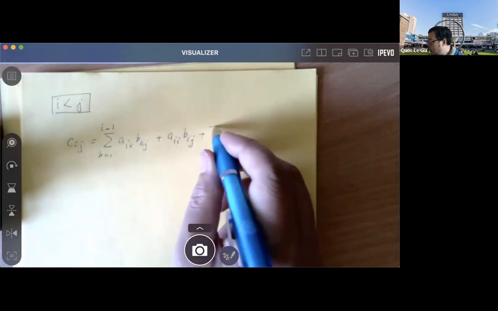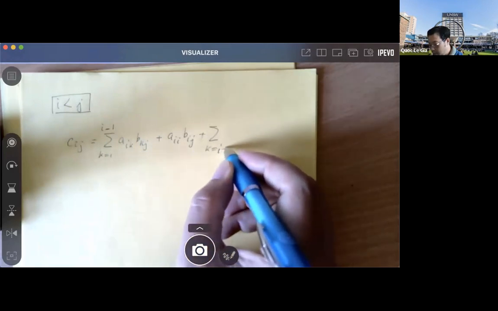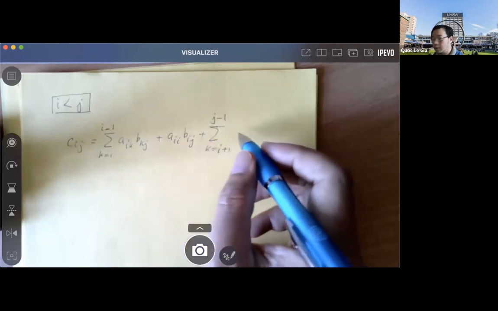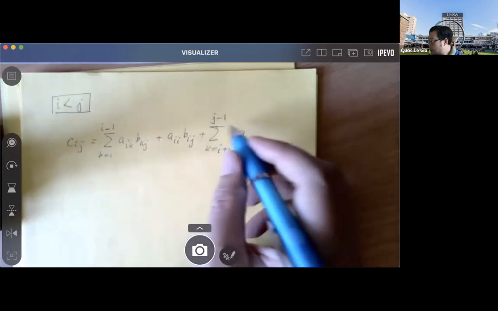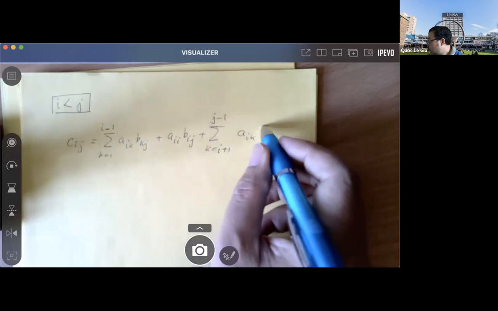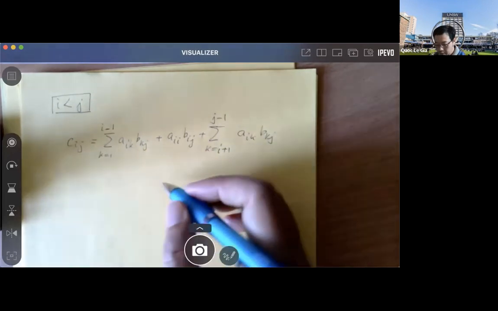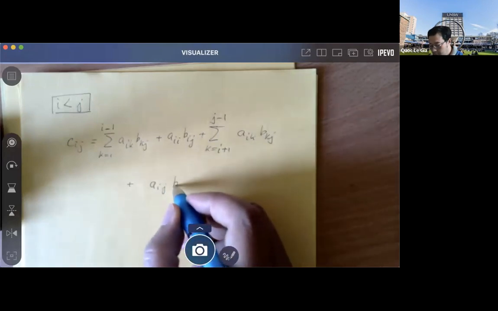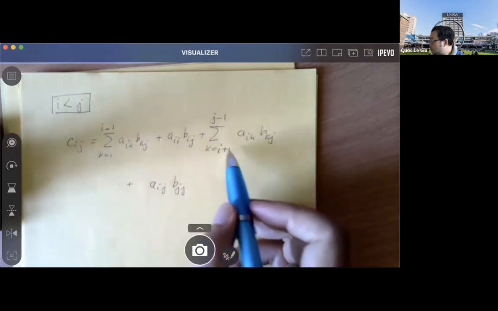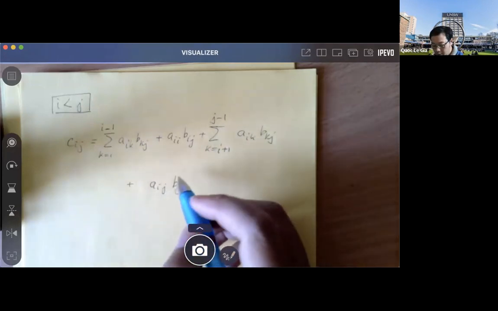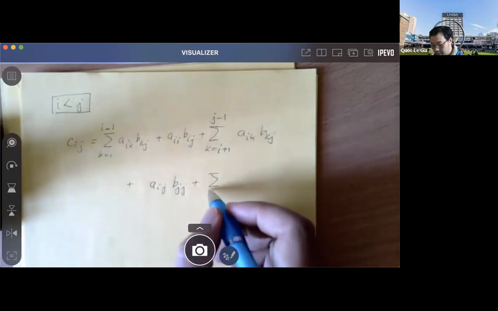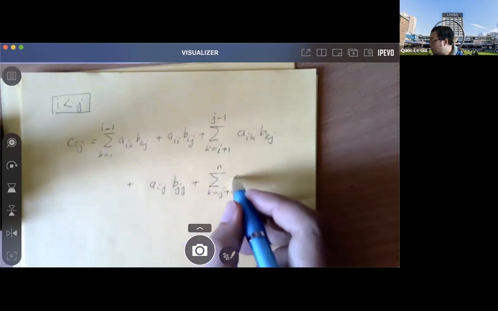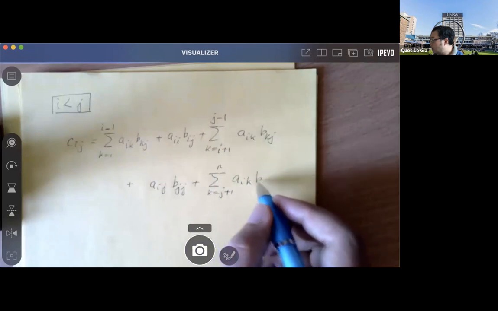Then I start again, k equal I plus 1, but now I will stop at j minus 1, remember now I less than j, so the sum of Aik Bkj. Then this one will be Ajj Bjj, right? Because you start at j. And then you start again at k equal j plus 1 to n. So this one is the last sum.